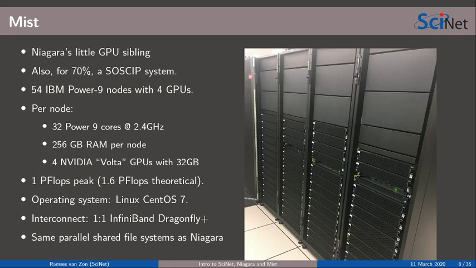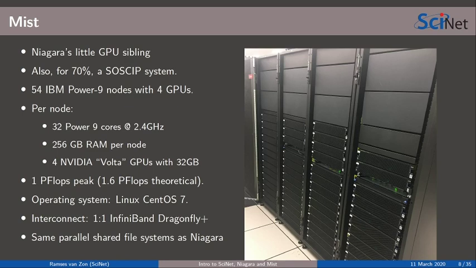And they were looking for a replacement of their GPU system, and we said we also don't have a GPU system. Let's put our resources together and create one larger GPU system. So in the end, what we ended up getting are 54 nodes, so a lot less nodes, but each node has 4 GPUs. So in total, that's about 200 and something GPUs.